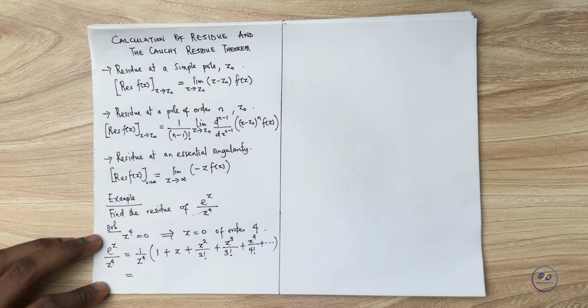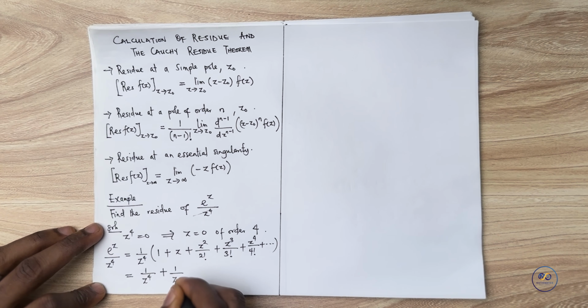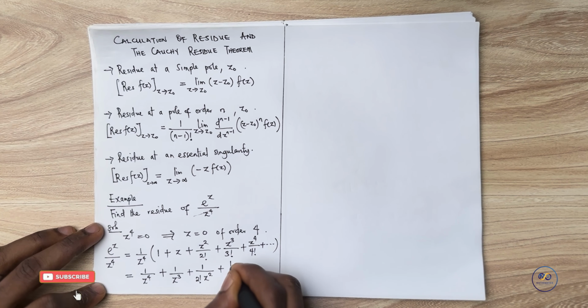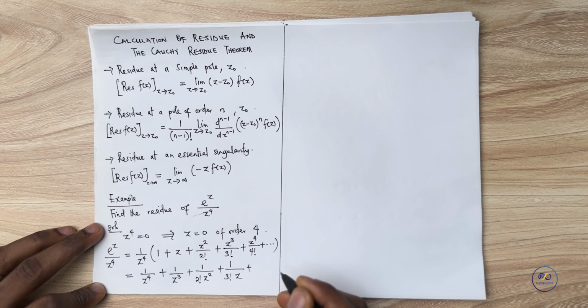Now, if we expand this bracket, we have 1 divided by z raised to the power 4 plus 1 divided by z raised to the power 3 plus 1 divided by 2 factorial z raised to the power 2 plus 1 divided by 3 factorial z plus 1 over 4 factorial, and it continues.